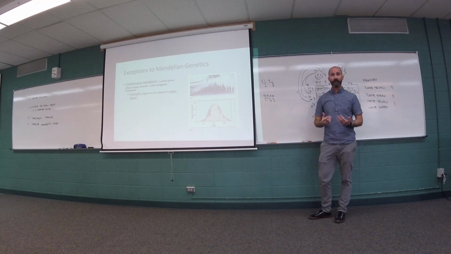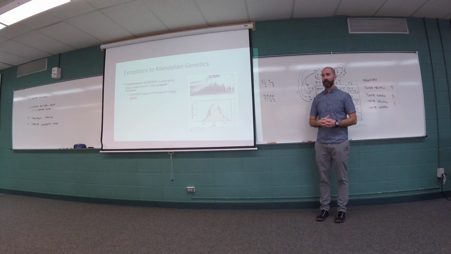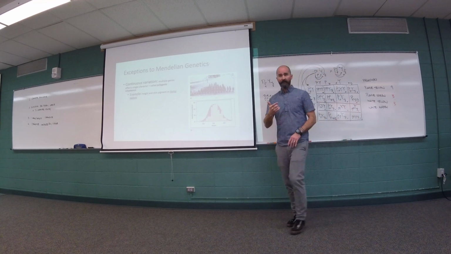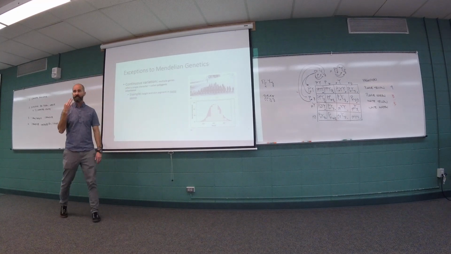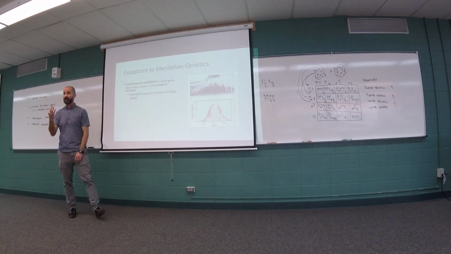Another really good example of this is human skin pigment. There isn't either light or dark skin pigment. There is variation, remarkable variation in skin pigment, right? The reason for that is skin pigment is controlled by 3 genes. Not a single gene, but 3. Each gene follows Mendelian genetics.